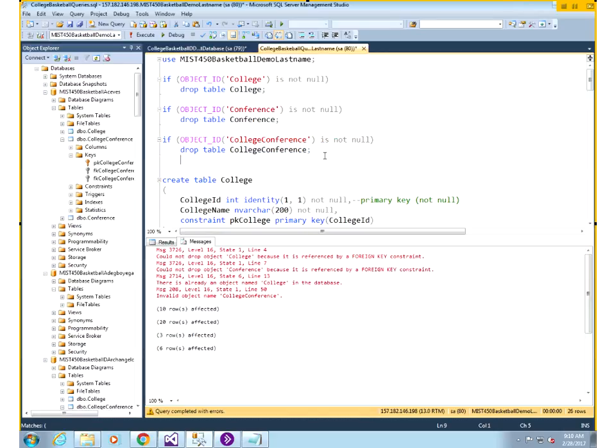So what's the rule of thumb, the principle that you have to use whenever you're dropping tables? What can you not do? Kash, what can you not do and what should you be doing?